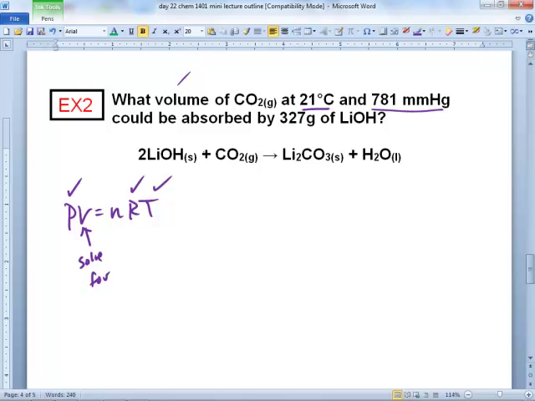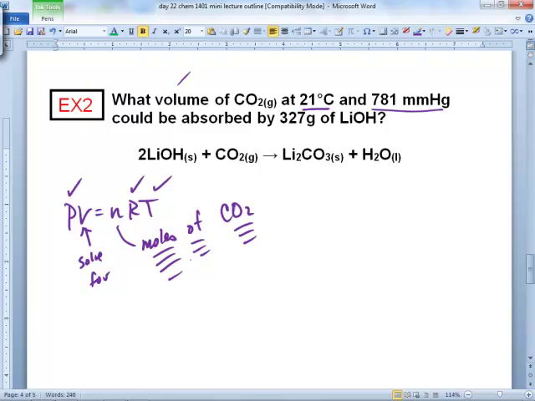Do we convert the 327 grams of lithium hydroxide into moles and use that for little n? This has to be moles of something. It has to be moles of CO2. The only gas that's there.